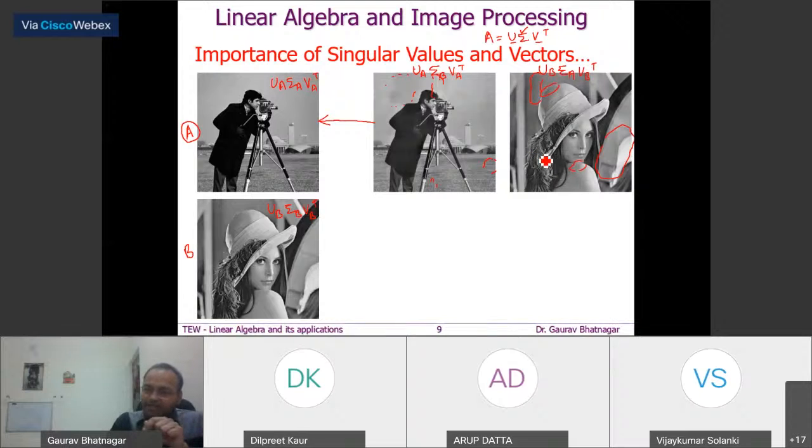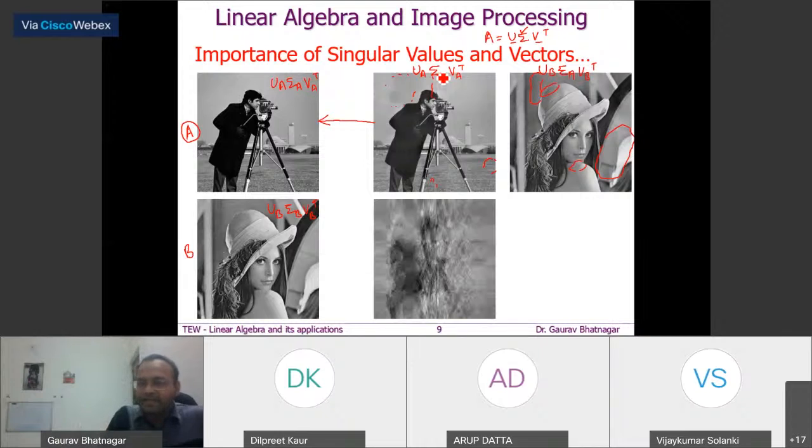However, the reconstructed image is still close to the original image. So both the experiments are telling me that this particular singular value matrix is not that important for a given matrix. You can still reconstruct your matrix with very little error when you are completely replacing your singular value matrix with some other matrix.